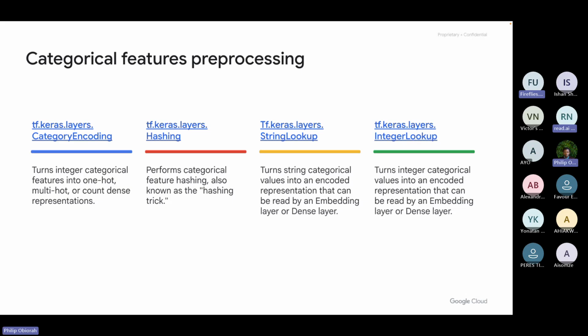What this category encoding layer does is it turns integer categorical features into one-hot, multi-hot, or count representation. All right, so this is very good for features with small known vocabulary size. We have seen that before.